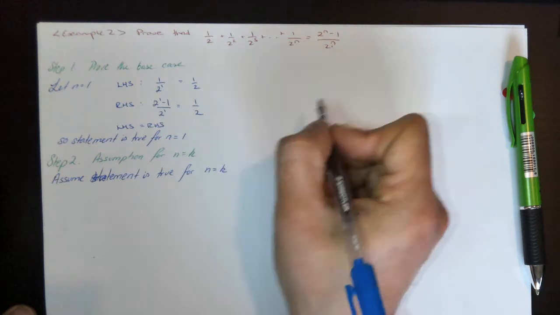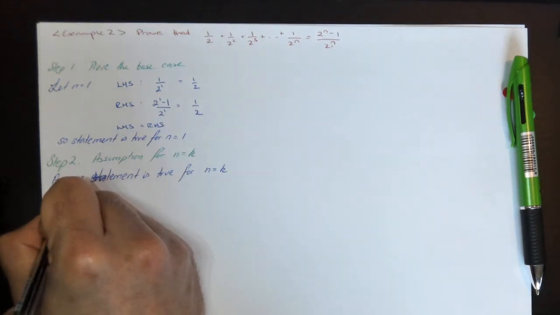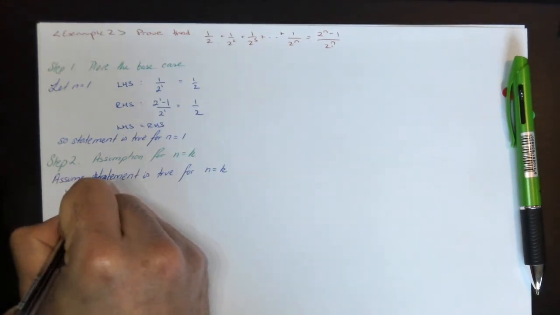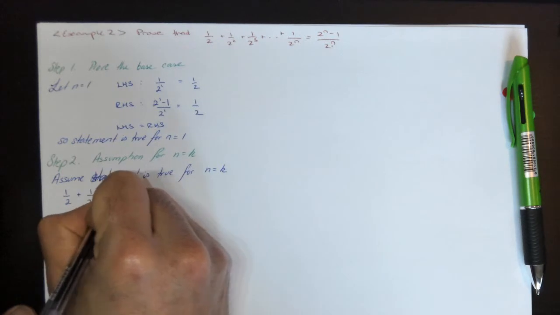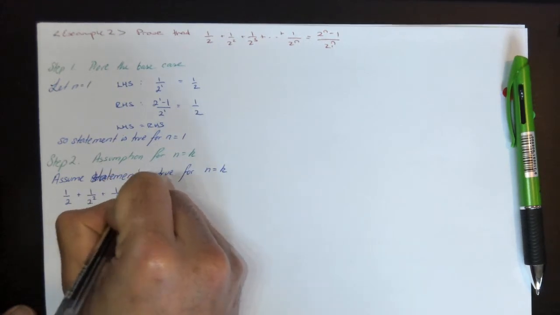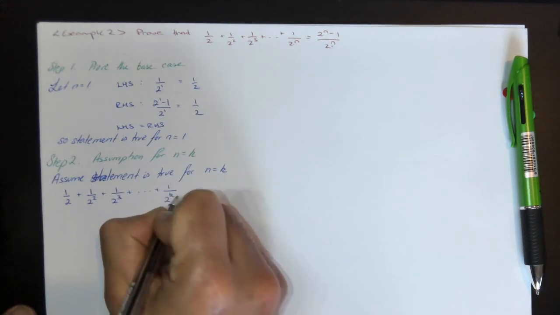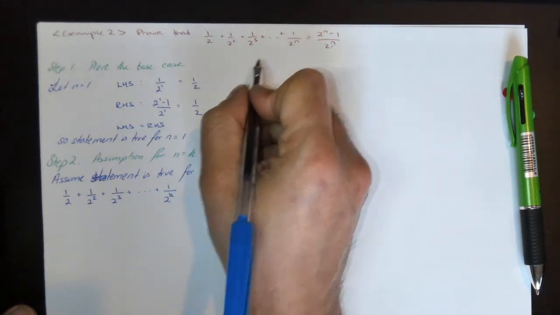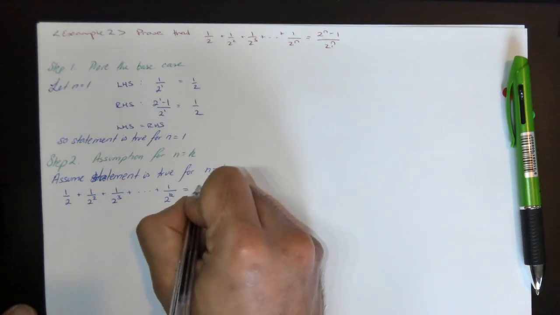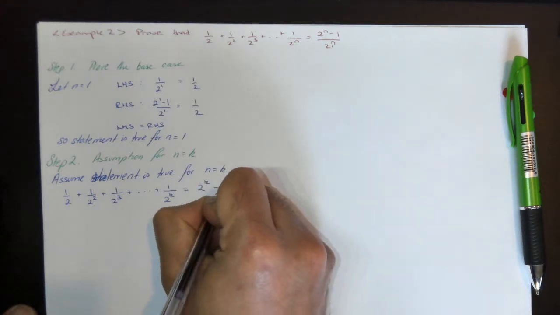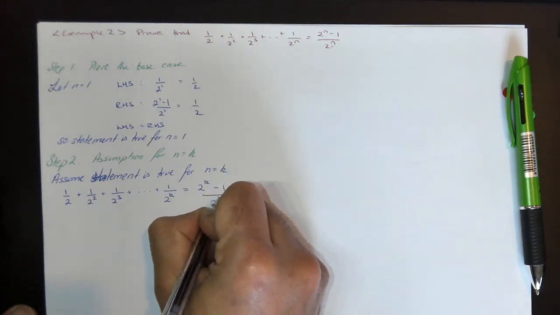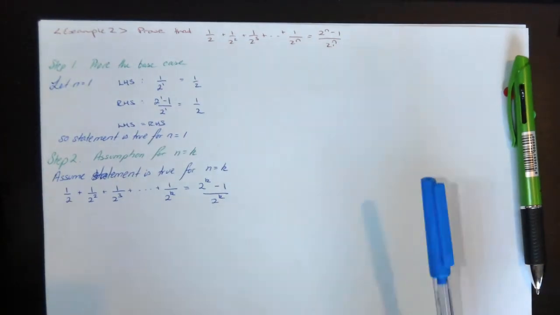We're going to show what that means. So that means a half plus 1 over 2 squared plus 1 over 2 cubed plus up to 1 over 2 to the k is equal to 2 to the k minus 1 over 2 to the power of k.